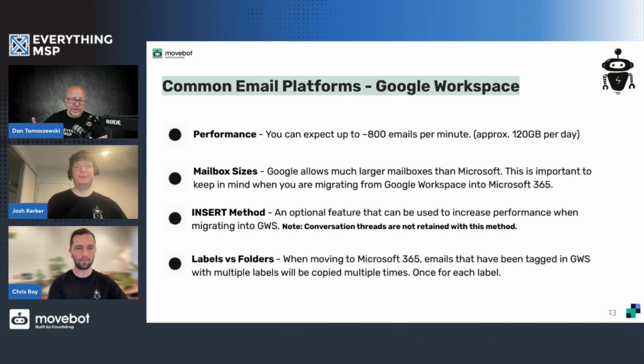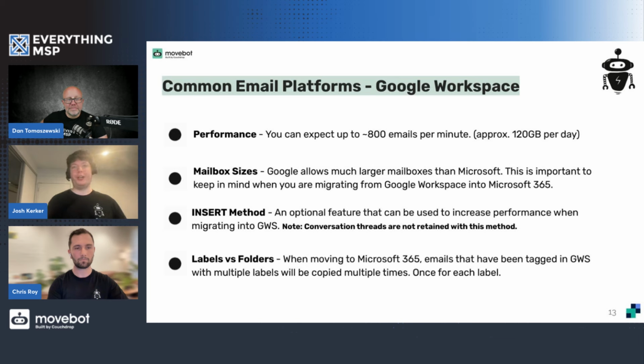And you could be doubling or quadrupling the size of your overall data then in those cases, correct? It's possible, but I don't think I've ever seen it double. Usually it's a handful of emails that have that many labels. Okay, gotcha.